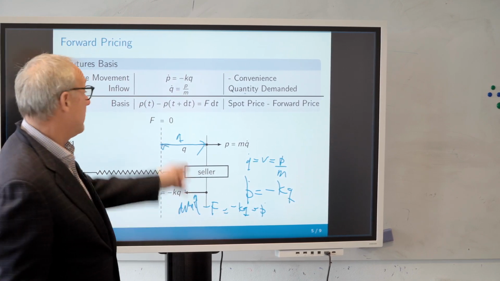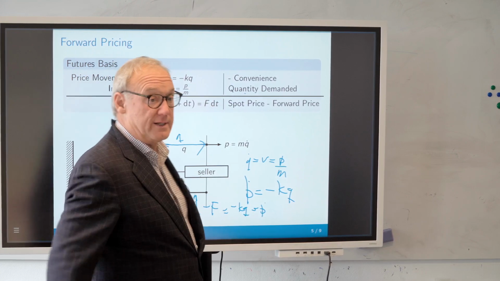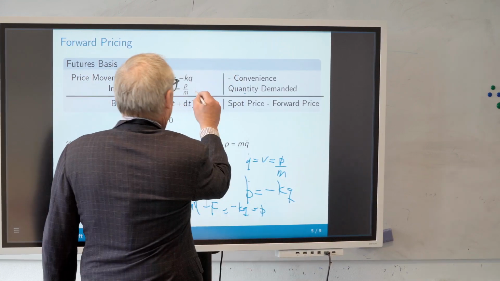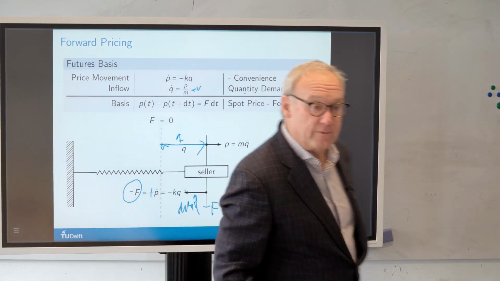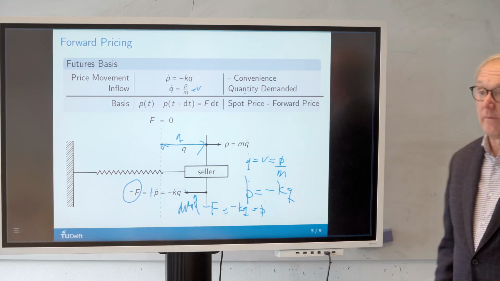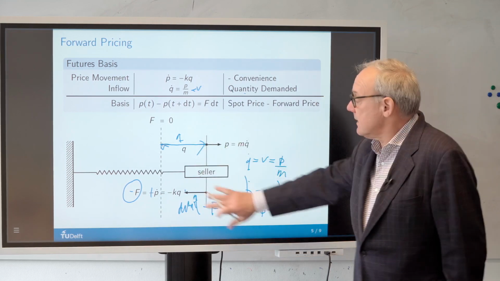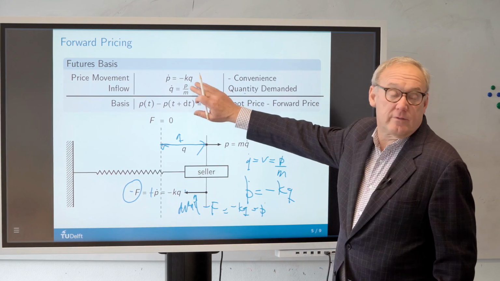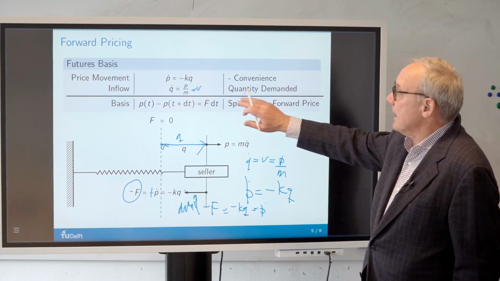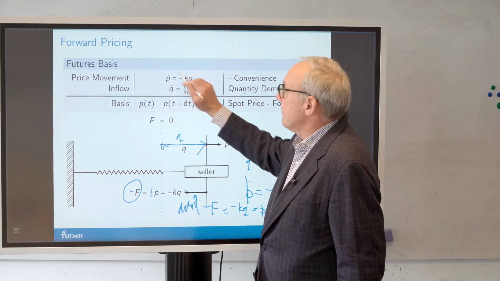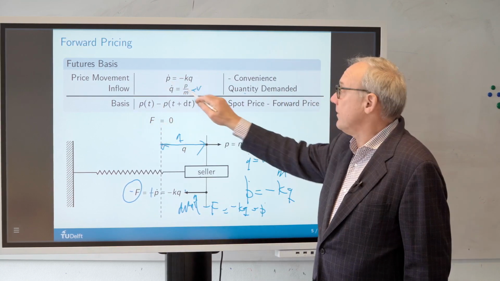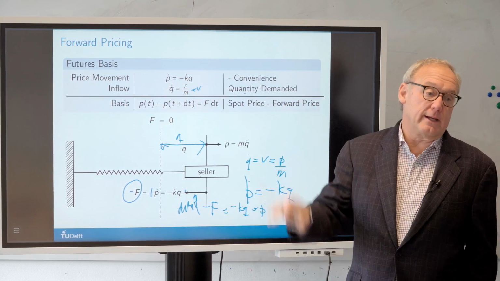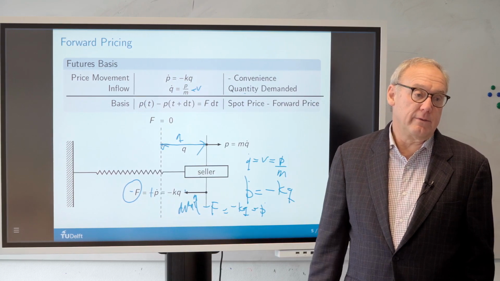So this is the price times the elasticity, because this is equal to the quantity demanded, right? Okay. So from this little picture, we get two important equations telling us what the movement of the funds, the money, is like, and what the movement of our stock is going to be like, right?